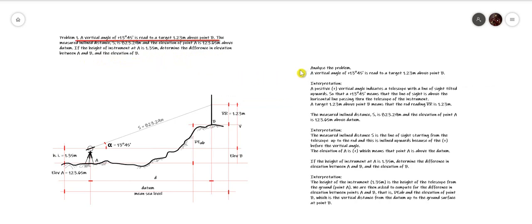The first line reads: a vertical angle of plus 13 degrees 45 minutes is read to a target 1.23 meters above point B. A positive vertical angle indicates a telescope with a line of sight tilted upwards.